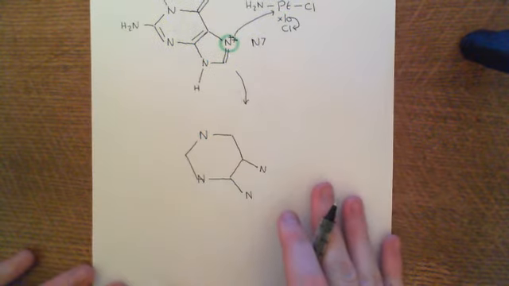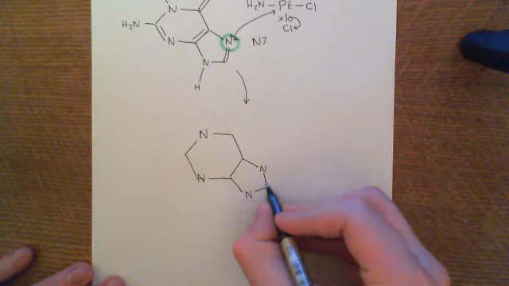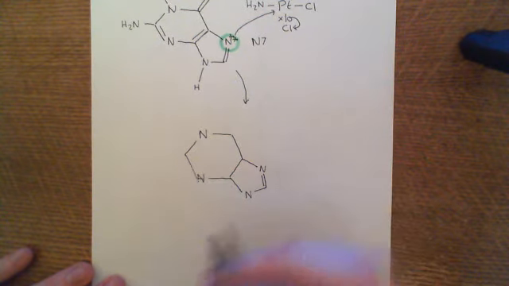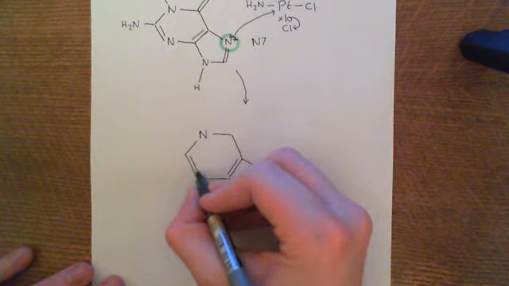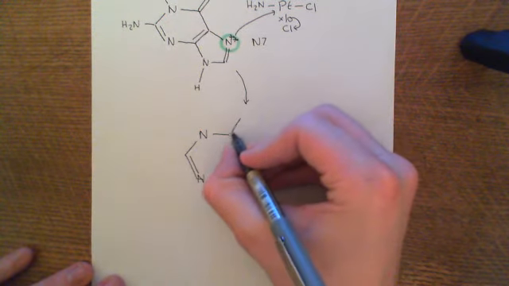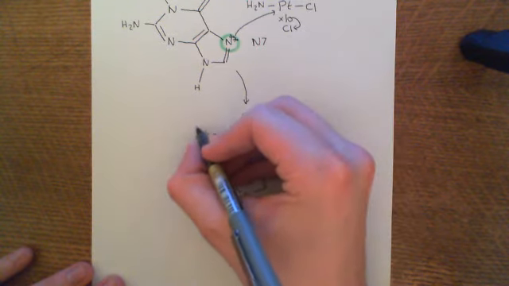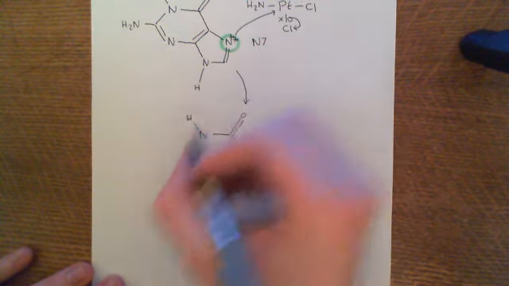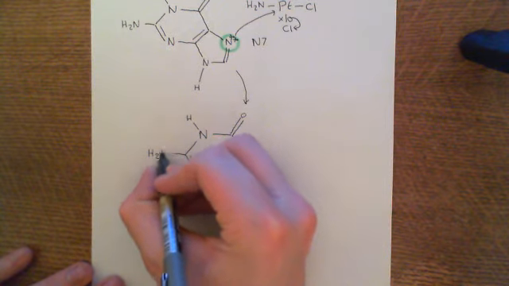Then what we have is a single bond here, a double bond here, and then a double bond there, a double bond here, and then we've got this carbonyl group up here, and this hydrogen off this nitrogen, and then we also have this amino group over here, the H2N group.